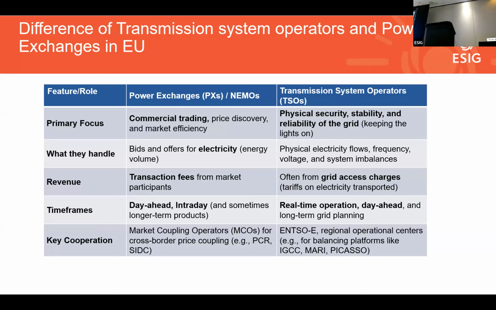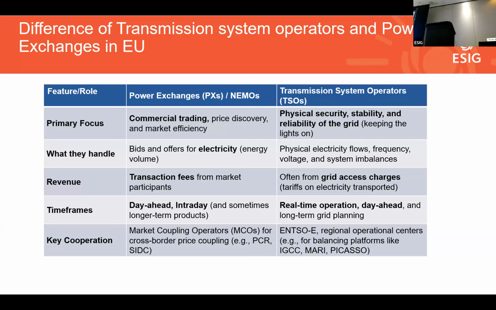And in Europe, it's something you're going to see all over the presentation. What we try to do is to cooperate between the different European countries together at the power exchange level, but also at the transmission system operator level. Power exchanges mainly work together through the market coupling, meaning there is only one market for the whole of Europe. I'll go through it a little bit later.